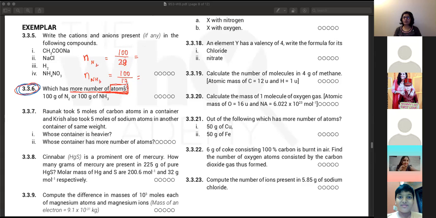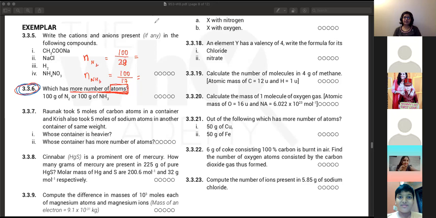Okay. Now that a lot of you have answered, if I change the mass, okay, Ria has also sent in. So Ria, you don't have to do the whole multiplication, yeah? Once you get the number of moles, it will be obvious.